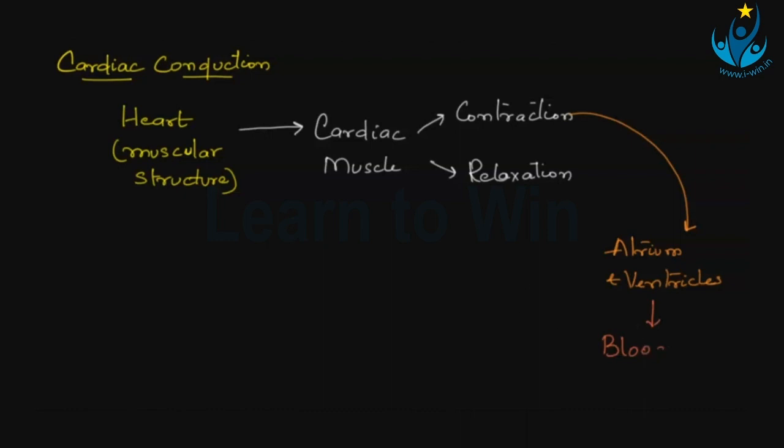Out of what? Out of the atrium and ventricles. That is, from the atrium it will go into the ventricles. So it will be from atrium to ventricles, and from ventricles to the systemic trunk or the pulmonary trunk.